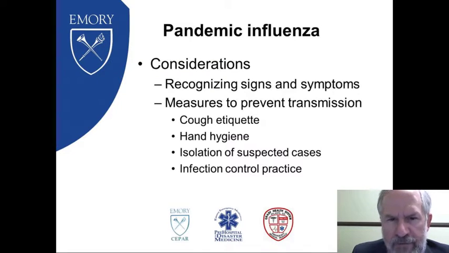And those include cough etiquette, coughing into the bend of your elbow rather than into your hands, the use of frequent hand hygiene with hand sanitizing agents or hand washing, the isolation of suspected cases, and good general infection control practices such that approaching the individuals, we are not likely to acquire the infection ourselves nor to transmit it to others.